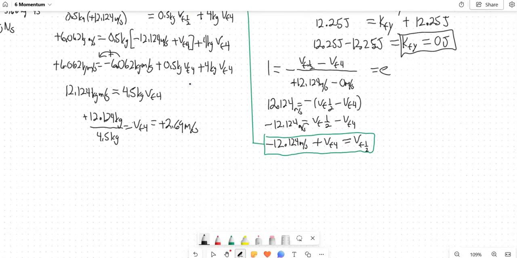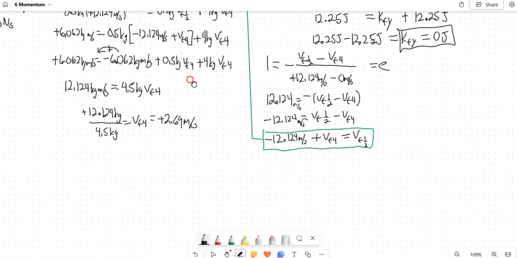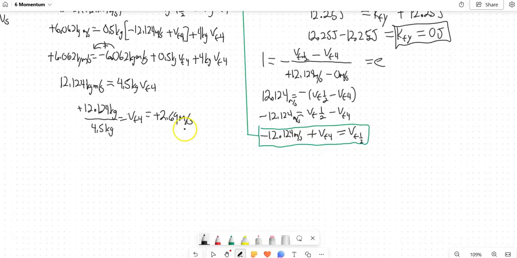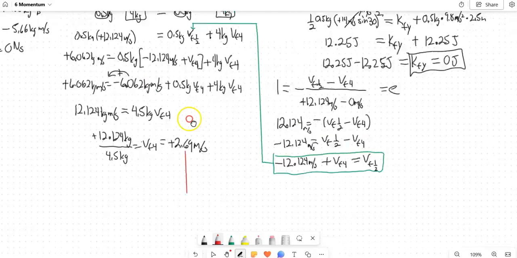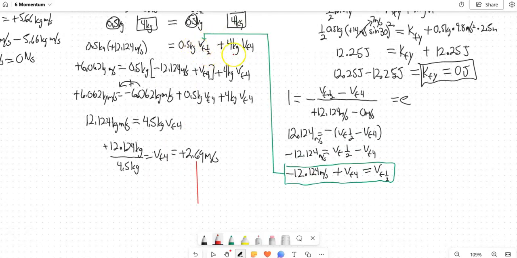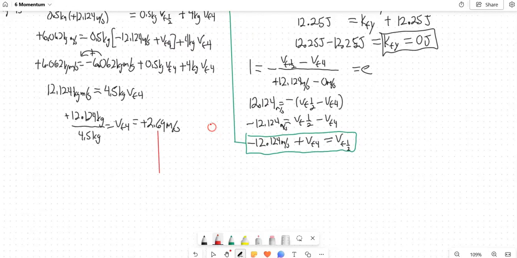Now that we know that, we could figure out the final velocity of the other object. We could use either equation. We could plug it back into here, and since this is already set up, I'm going to plug it in right here.